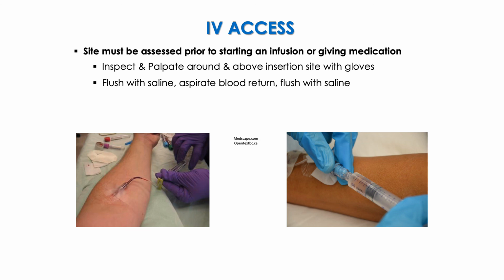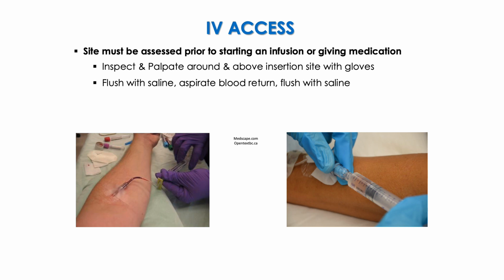IV access. We kind of talked about this a little bit in our evidence-based practice slide, but before a patient is given an infusion of any IV solutions or medications, we have to make sure that the IV site is patent. We have to make sure that the fluids or the medications are actually going in the vein, which is where we want them to go.